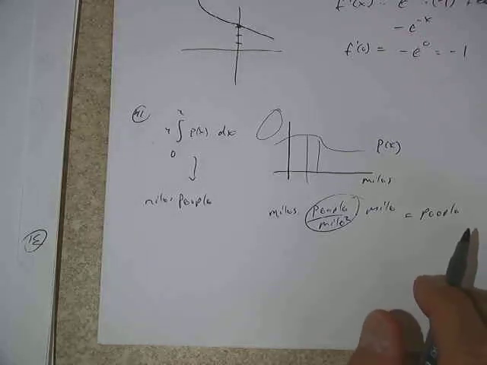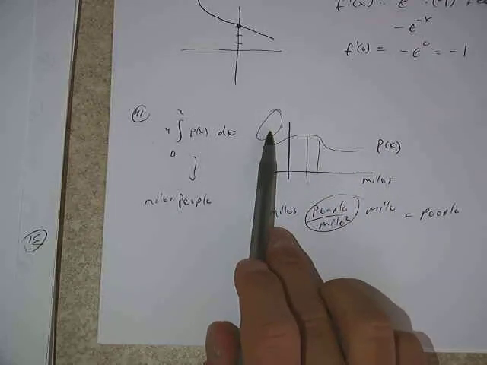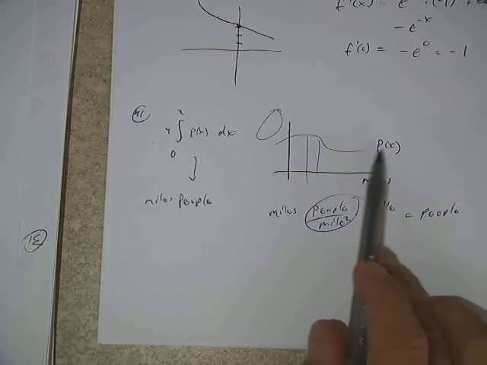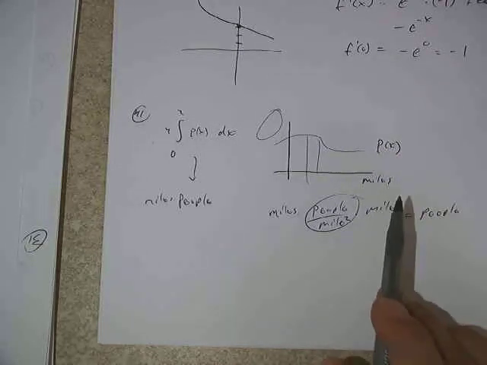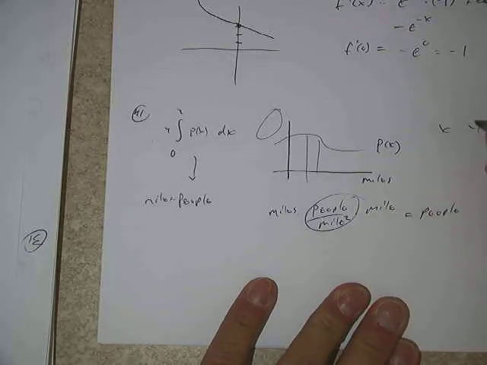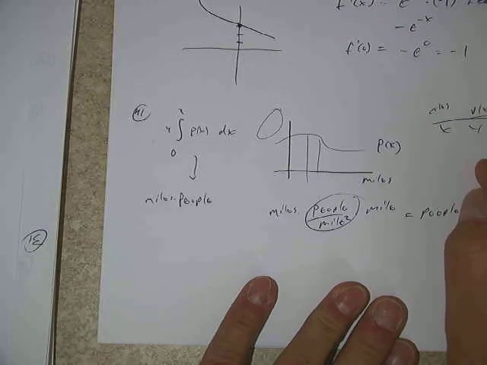What's the unit of the x part? It's not miles, because it's not a function. Well, the independent variable here, x, is the number of miles from the highway. Okay.